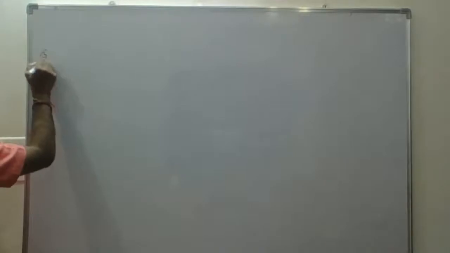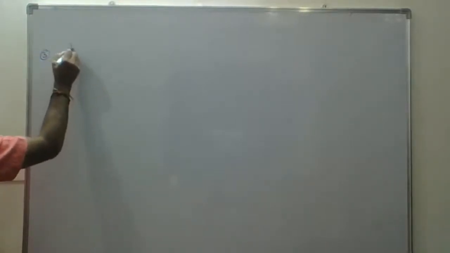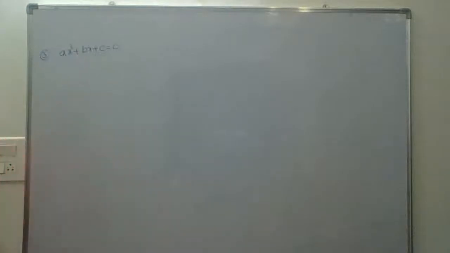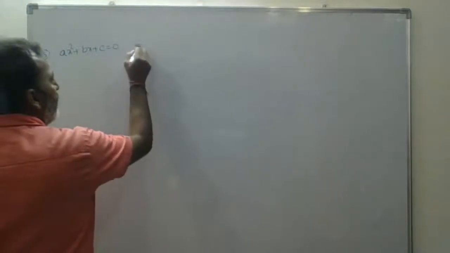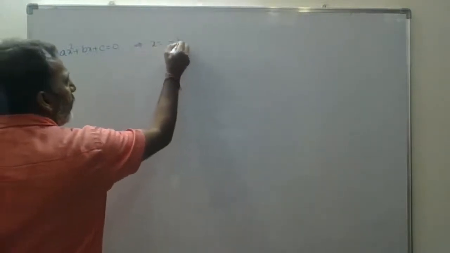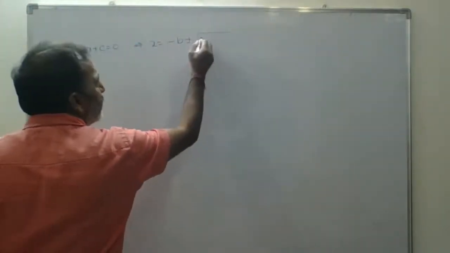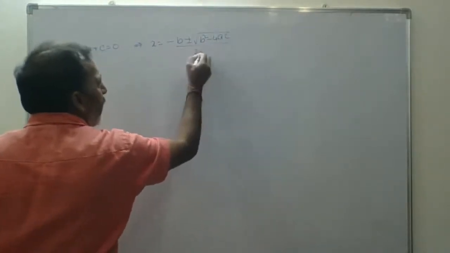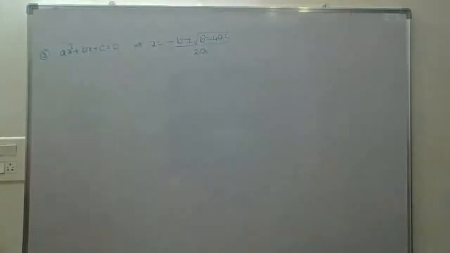Third one, ax square plus bx plus c is equal to 0 is called a quadratic equation in x. From this, what is the value of x? Minus b plus or minus root of b square minus 4ac by 2a. What is the value of x?